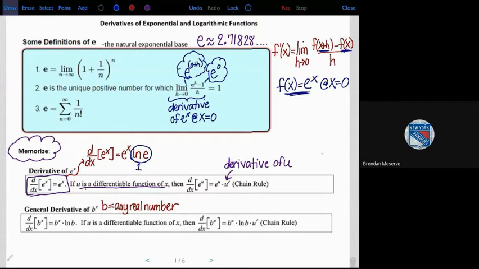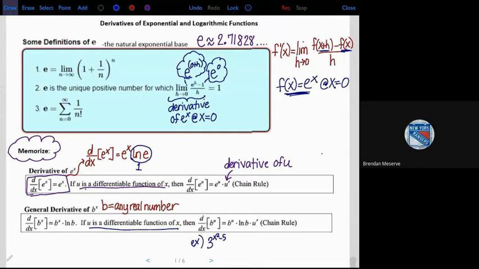And again, we could sneak in a chain rule. If u is a differentiable function of x, and we have b to the u, which maybe is, for example, just to make sure everyone's understanding all these letters, let's say it was like 3 to the x squared minus 5. That would be a b to the u, some real number as a base, and then a function of x in the exponent.